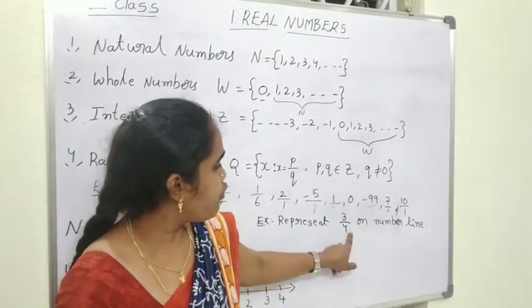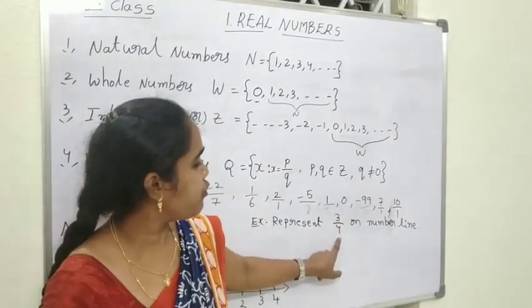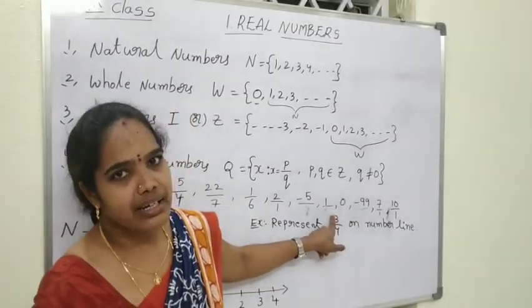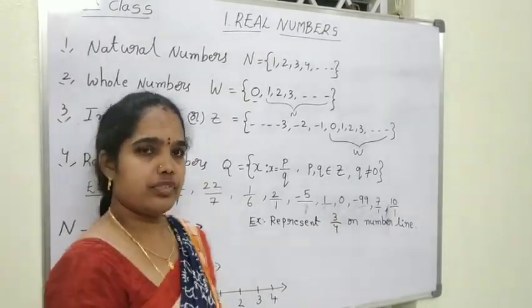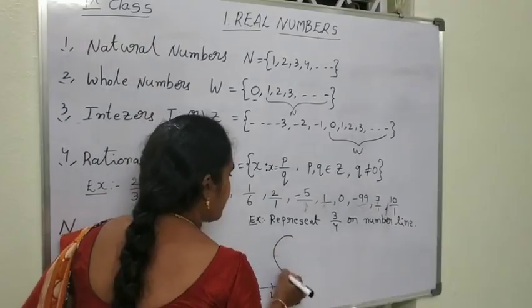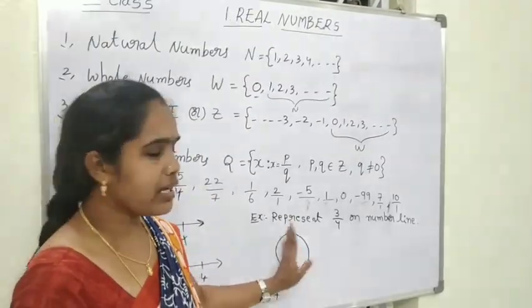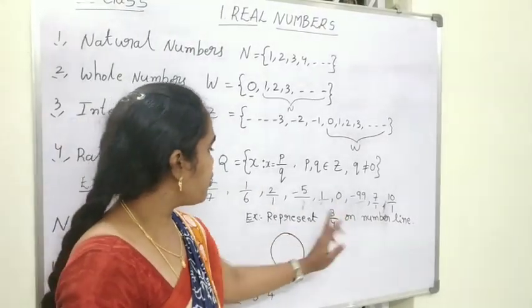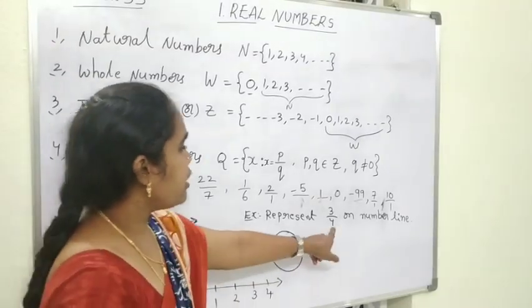So out of 4 parts, 3 parts are taken. That means suppose there is one cake. Pictorially I am explaining. Suppose this is a cake. So how to represent 3 by 4? Totally 4 parts.